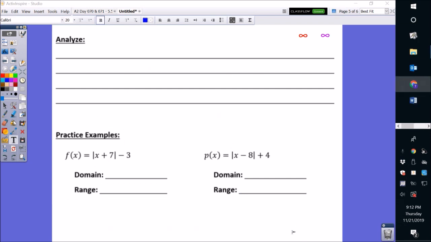So let's analyze and compare the examples that we've gone through for domain and range. So when I examined all the examples, I noticed that the domains for each of the examples were the same. So let me add that in. So the domain for all examples were the same.